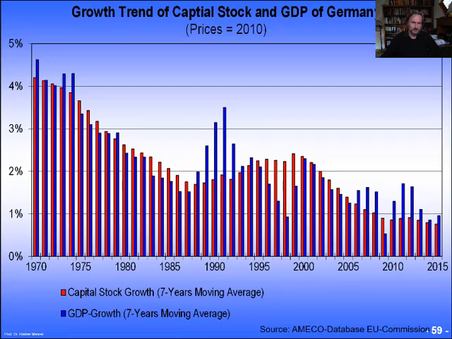The diagram shows that the investment boom from the German unification has interrupted this relationship for a period of roughly 10 years, but meanwhile this interruption has been overcome and both growth rates lie close together on historically very low levels.